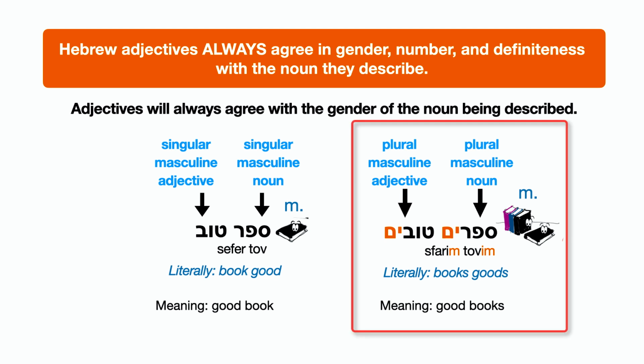Now, to see the plural versions, if you want to say good books, we have sfarim tovim. Okay, so sfarim is plural, so the adjective is also plural. The noun is masculine, so the plural adjective is also masculine. Tovim. So sfarim tovim. Good books.